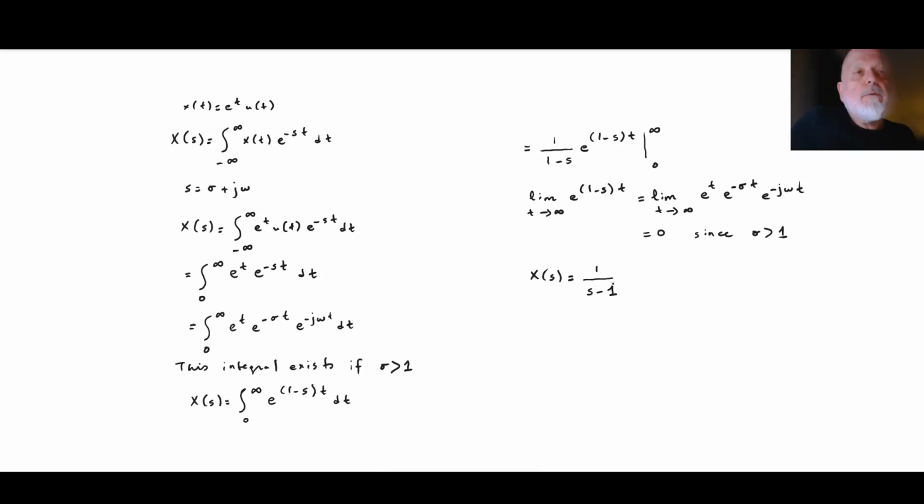Okay, now we know that s is a complex variable. S equal to sigma plus j omega is our complex variable.